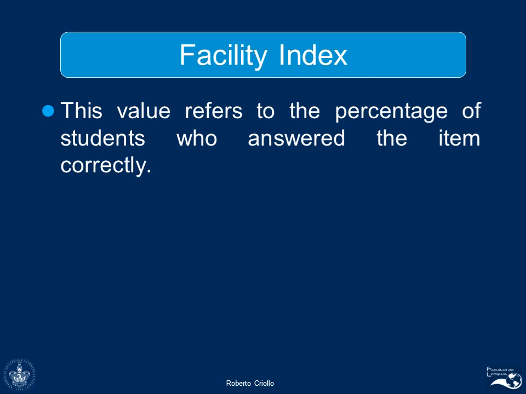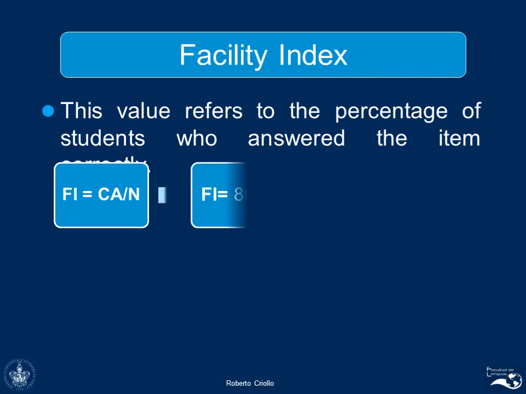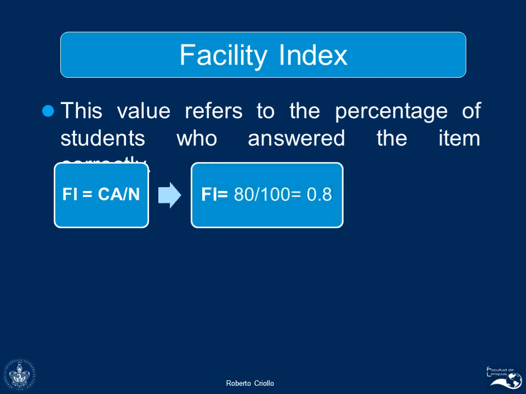So in short, this value refers to the percentage of students who answer the item correctly, and we have a formula where the facility index means the number of correct answers divided by the number of students. For example, if I have a group of 100 students and 80 of them answer the item correctly, I divide 80 by 100 and the result is 0.8. This is the facility index.